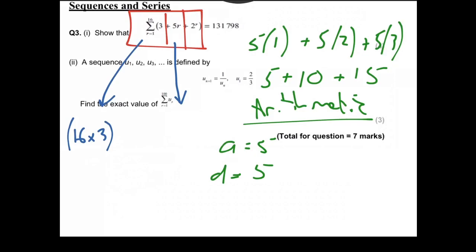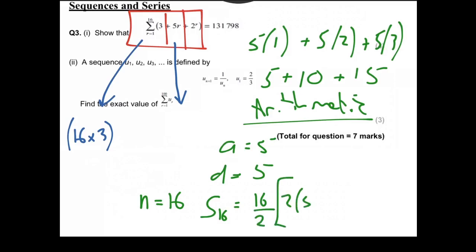So if you want to work out the sum for this one, n is going to be 16. So our sum of 16 terms is going to be n over 2, 2 lots of A, plus n minus 1, 15 lots of the common difference, 5.